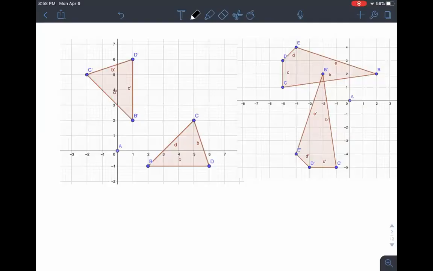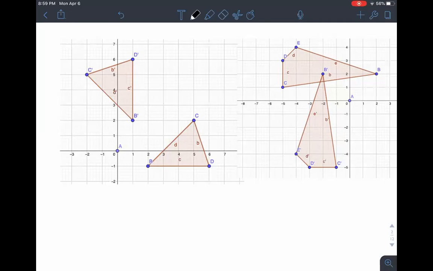What you see here are two different illustrations of something being rotated 90 degrees. We have triangle BCD that is rotated 90 degrees about the origin to triangle B prime, C prime, D prime.